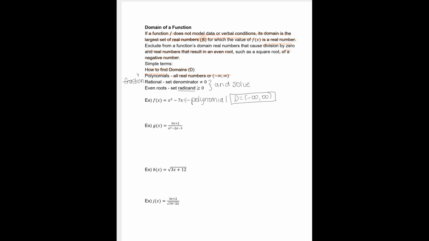Now, let's look at this one. Well, it's a fraction. All right, so it's a fraction. It's called rational, so either one you want to put. I'm going to put rational because that's the mathy name. We know if it's rational, then we set the denominator not equal to 0 and solve.